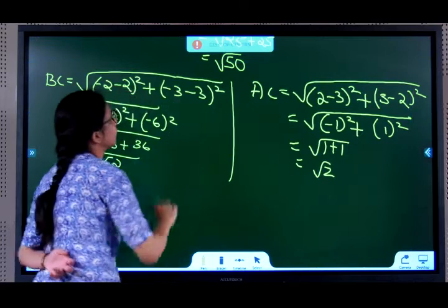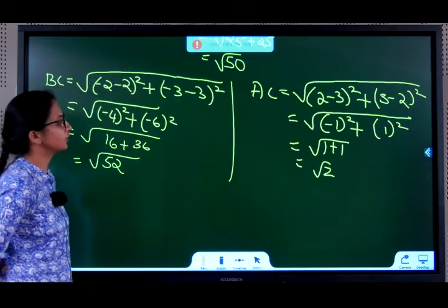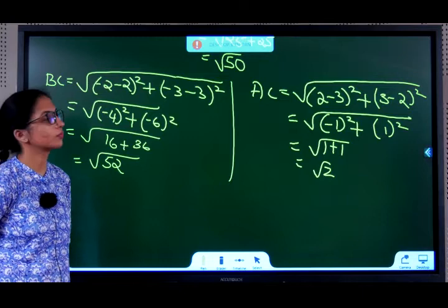So we have AB equal to root 50, BC equal to root 52 and AC equal to root 2.